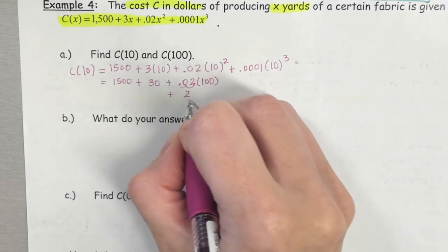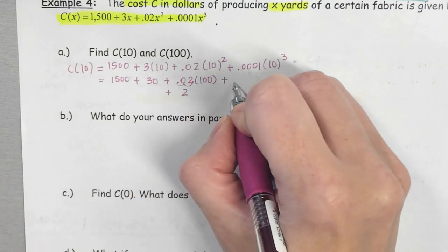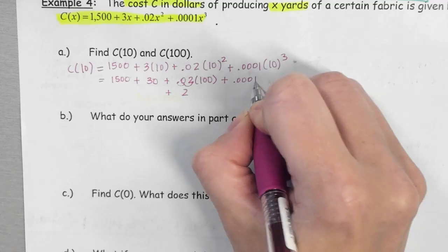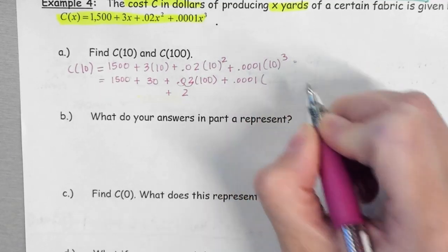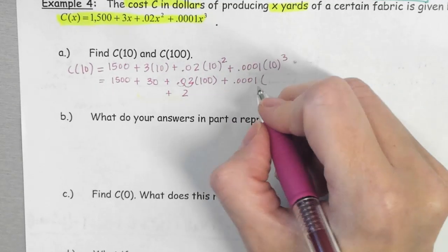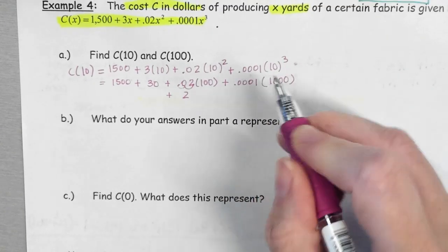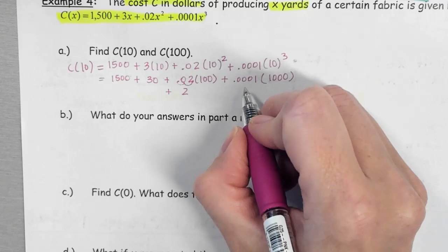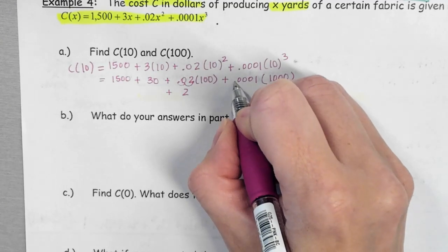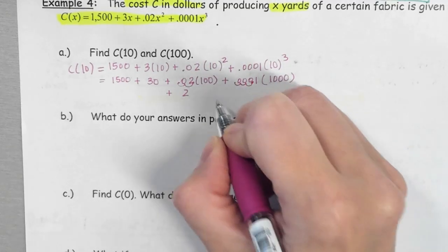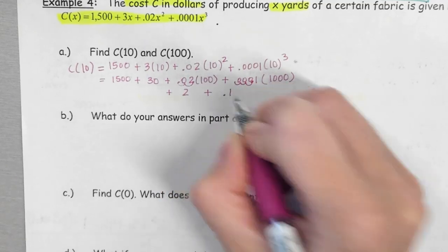Okay, so this is just going to be plus 2. And then something similar is going to happen here where you have 10 to the third. What's that? 1,000. Okay, because if it's 3, you have 3 zeros. So you're just going to move it 3 places. 1, 2, 3. So that's just going to be plus 0.1.